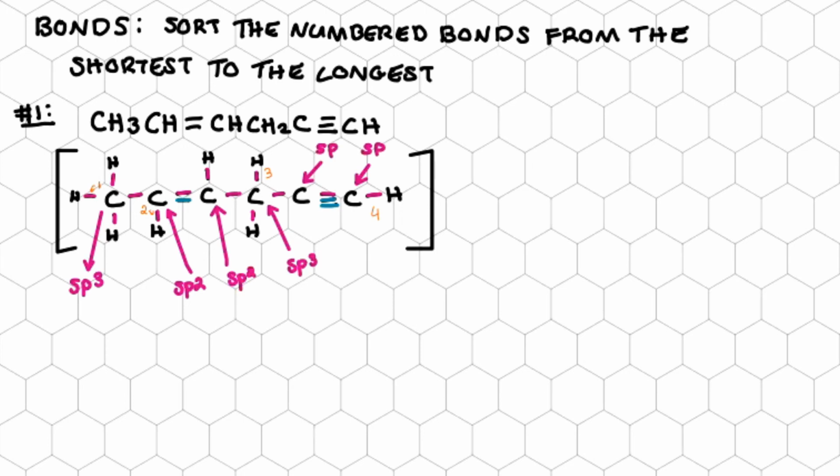Now in order to sort from shortest to longest, what we need to understand is that when there is a carbon with a triple bond on the other side and a hydrogen on one side, because there are 2 pi bonds making this interaction between these 2 carbons and pulling them closer to each other than a single bond, this interaction between the pi bonds is going to affect the hydrogen attached to each of these carbons.